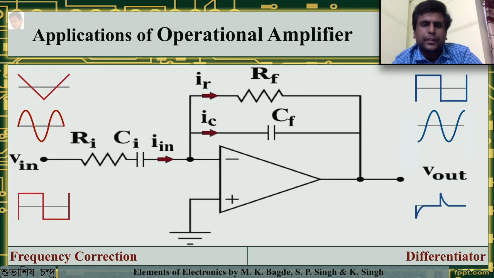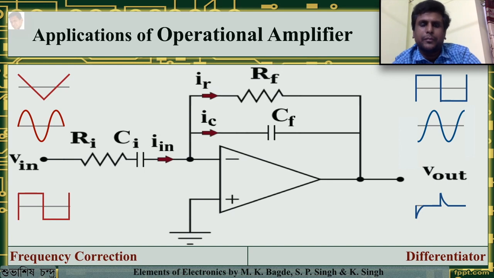The differentiator also suffers from the same frequency problems as the integrator, and to overcome it, a resistor Ri is connected in series with the input capacitor and a capacitor Cf is connected in parallel with the feedback resistor.